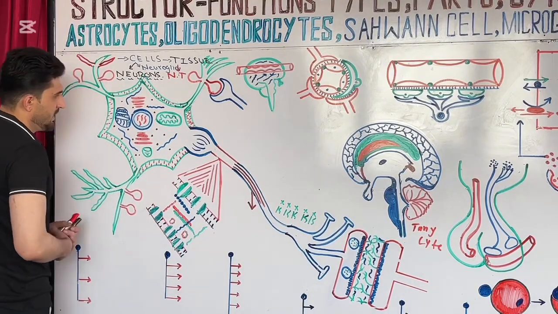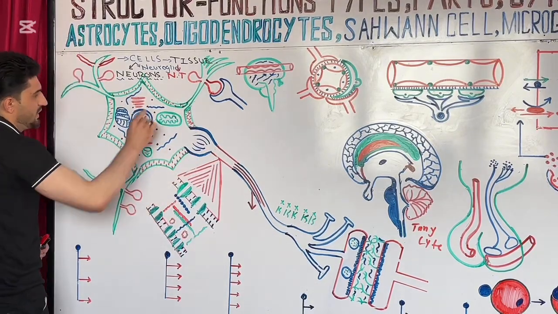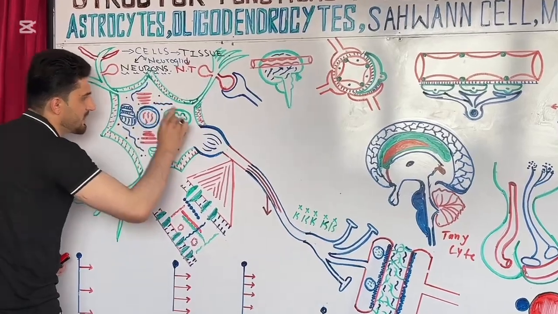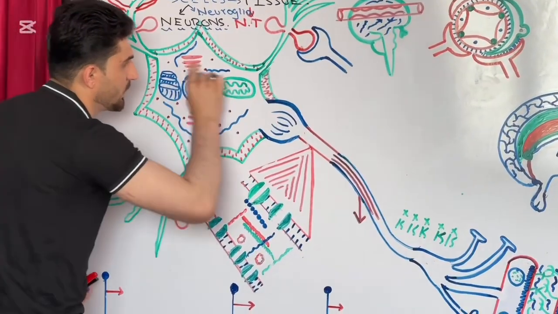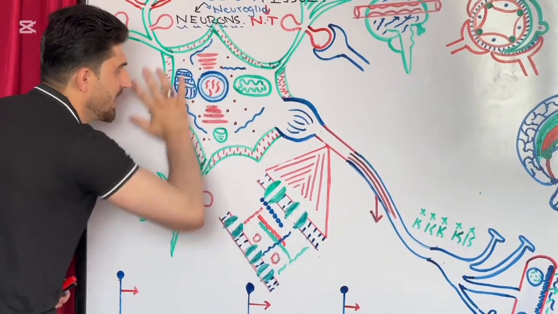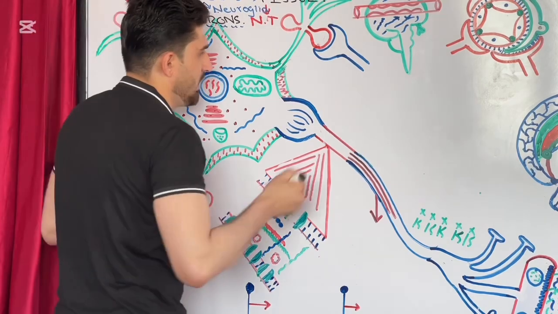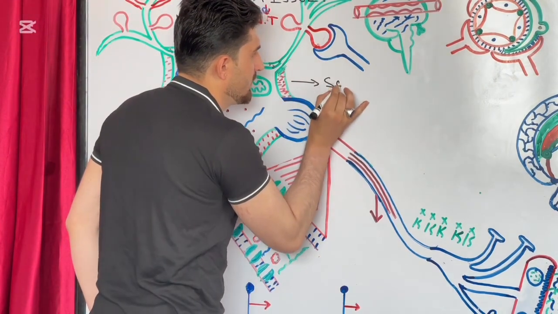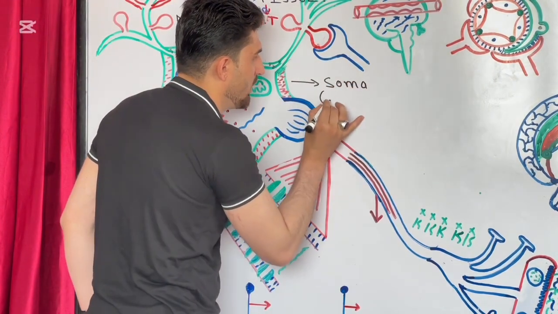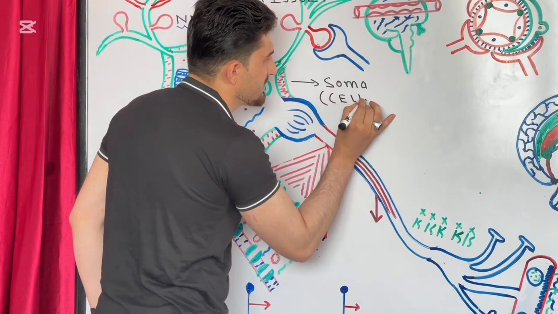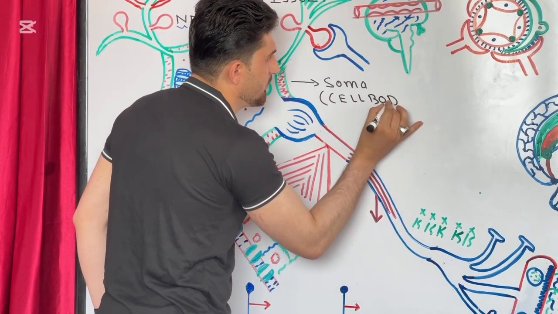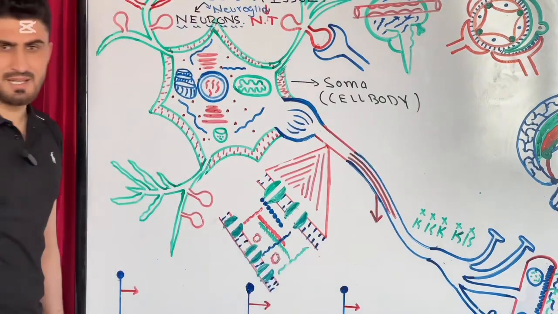For example, this part of the neuron, where the nucleus, the cytoplasm, and a lot of organelles are present, is called soma, or cell body.